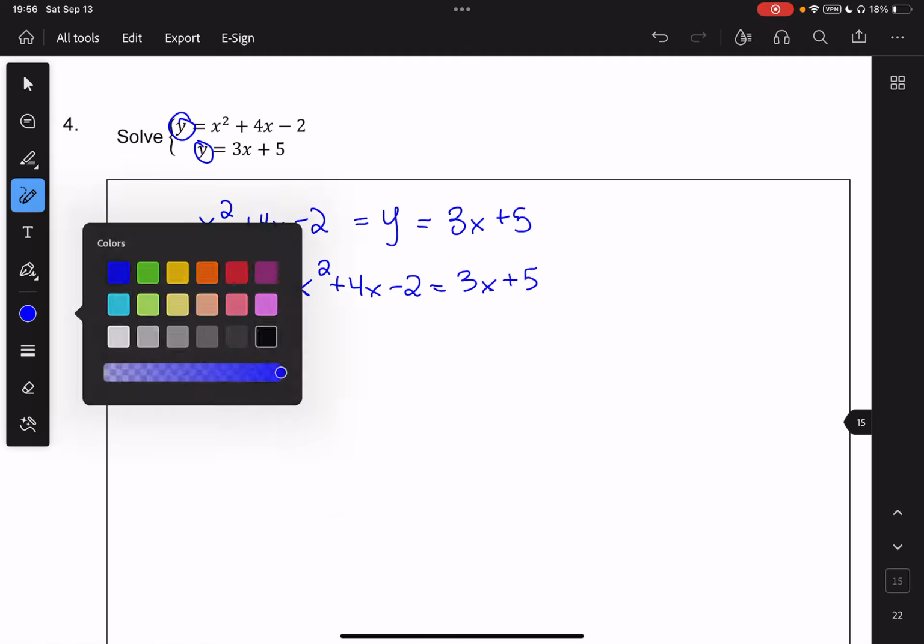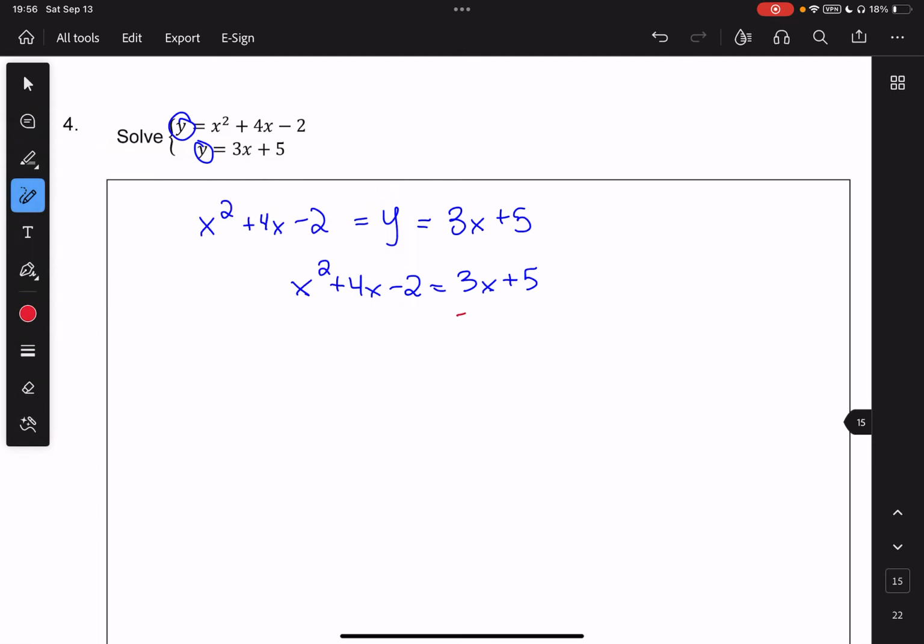So now what we want to do is bring all of our terms to one side, so that we can have just 0 on the other side. First we subtract 3x, and then we subtract 5 to get x squared plus x minus 7 equals 0.